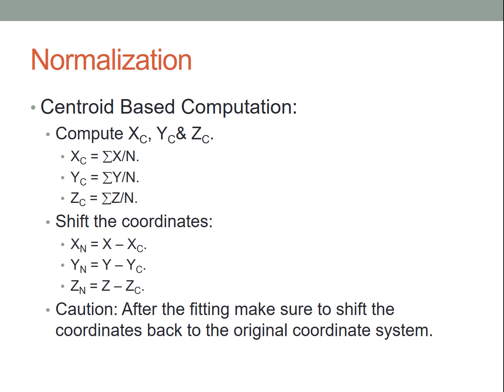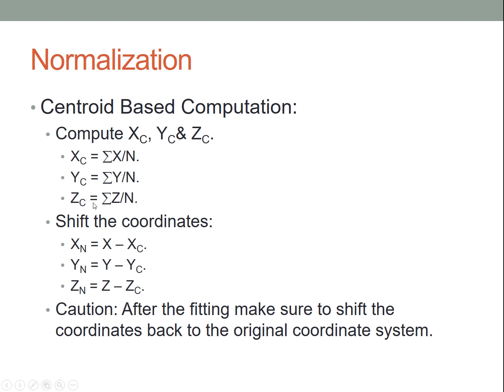Because this is a weird shifted coordinate. It doesn't actually get everything to 0, and you still may end up with issues. You might still end up with singularities. So here you would take your sum of your x's and divide by n, sum of your y's divide by n, sum of z's divide by n, and shift your coordinates.